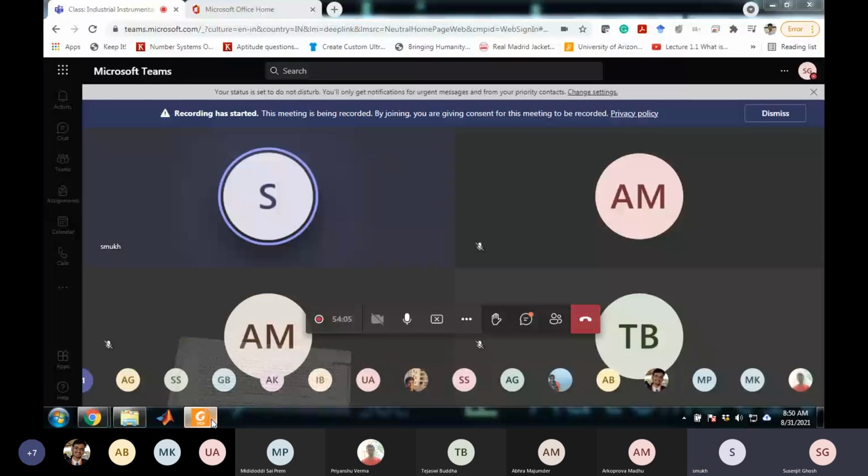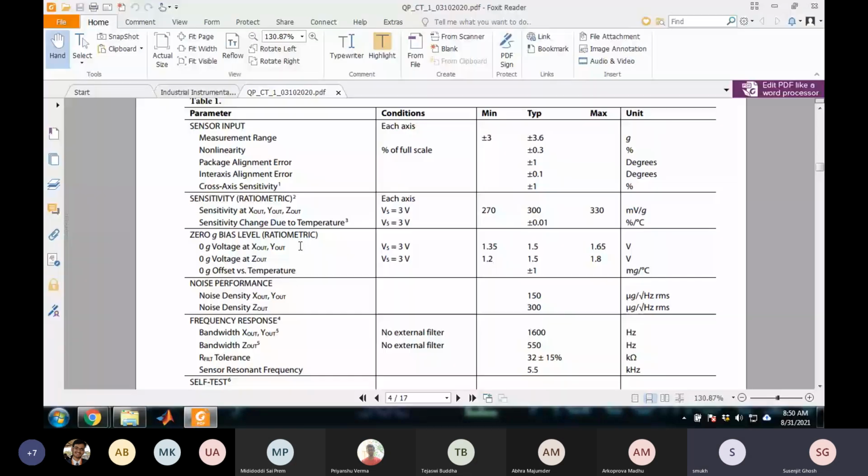Ranjit, show the page. Yes, correct. So it's 0.01% of 300. So what is the range of variation of the sensitivity? What is the maximum temperature variation?